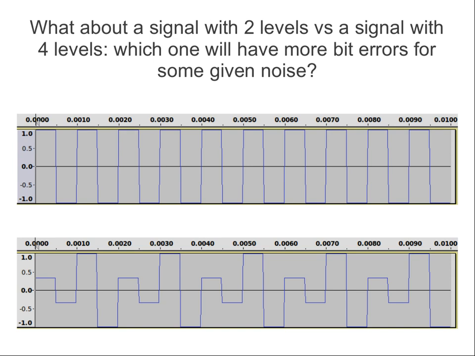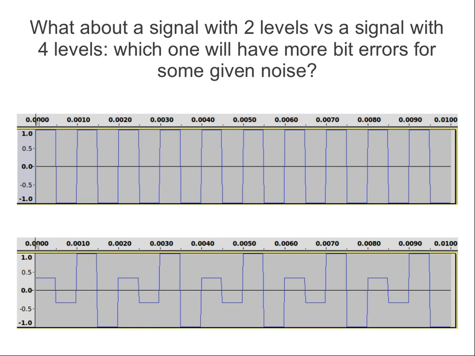If we had 8 levels instead of our 4, we'd have 8 different levels between plus and minus 1, and a smaller amount of noise could still cause an error, because we only have to shift a little bit to get the wrong level.